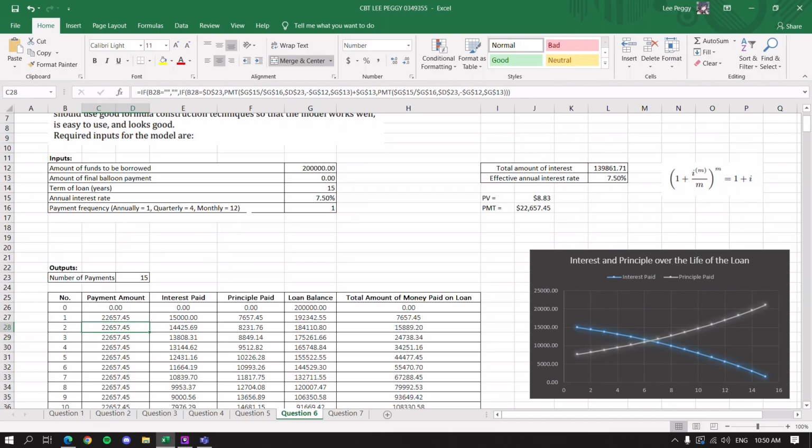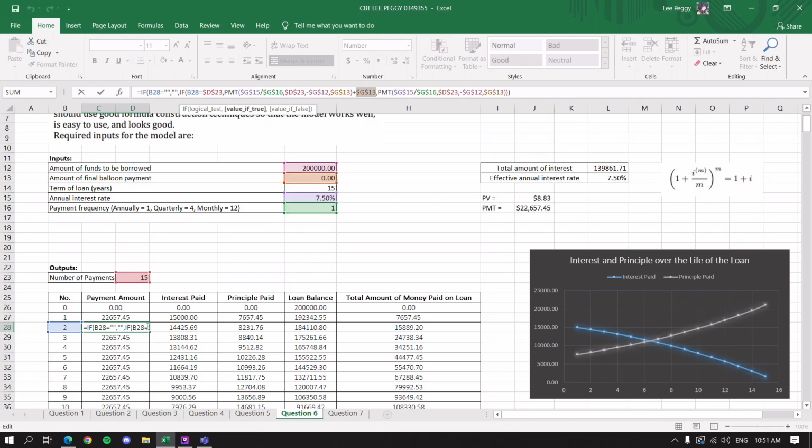So to do this, we need to insert this function, which is also logical testing. If this payment number is equal to the number of payments, which means it is the last payment, then we need to have the payment amount plus the amount of the final balloon payment.